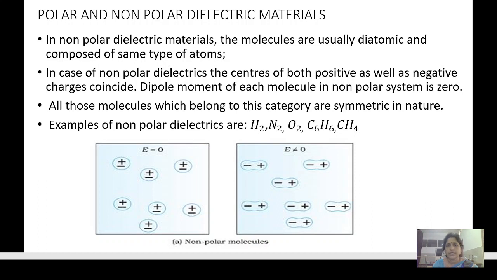The dipole moment of each molecule in a non-polar system is zero. All molecules in this category are symmetric in nature. Examples of non-polar dielectrics are H2, N2, O2, C2H6, CH4.